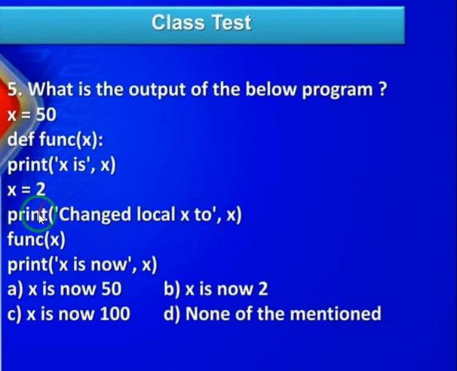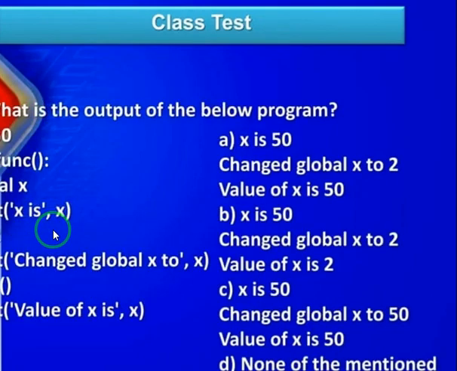So x equal 2 is the local variable here. So the changed local x is basically 2, then func of x, then print x is now. So what this does is that we have to choose between 50 and 2. Since 2 is local to this and 50 has been written outside, x is now just 50. In the first one it was 50, next it was 2, next it was 50. So this is local to the function. This is outside the function, therefore its value doesn't get changed.